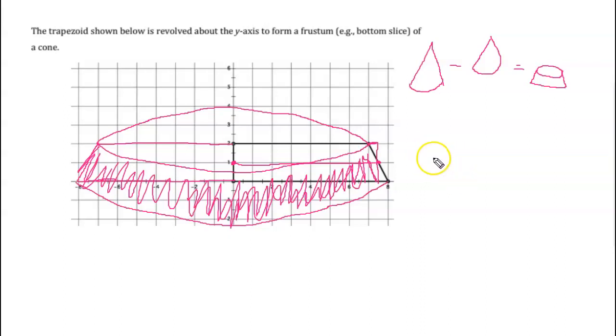And it is very similar to the formula for the area of a trapezoid. If we actually do 1/2 the area of the top base, because this area is a circle, but the bottom base is also a circle, we're going to take the average of those two bases.